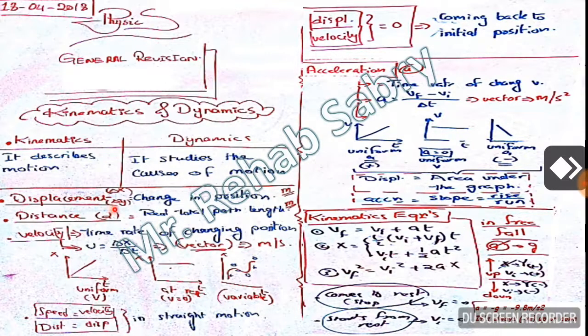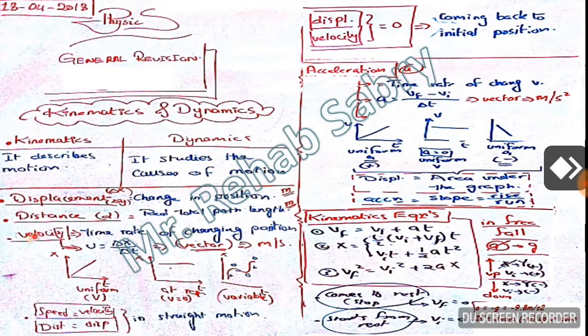Okay, well, so what about the velocity? Displacement divided by time will be velocity, but distance divided by time will be speed. And anything divided by time, we call it time rate.